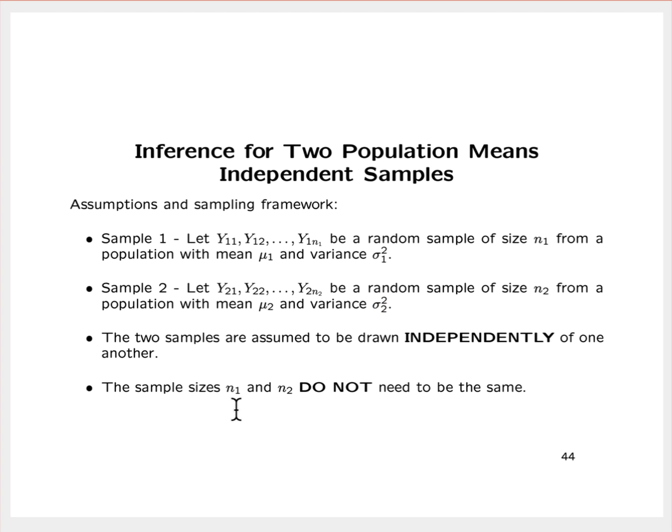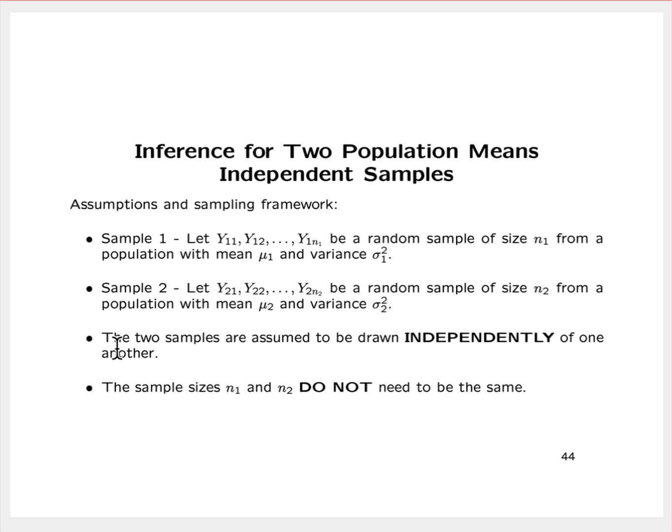Notice that the sample sizes, it may not be obvious from what we're doing, but because we're subscripting the sample size with the sample number, that's just a reminder that the sample sizes do not need to be the same. If they needed to be the same, then we would not subscript them with the sample number.